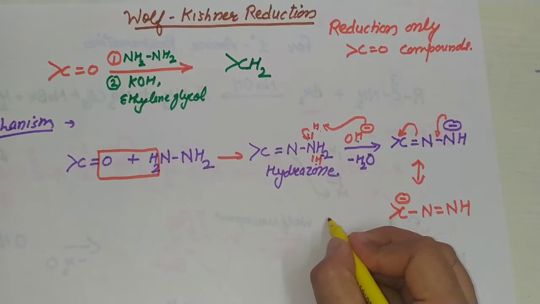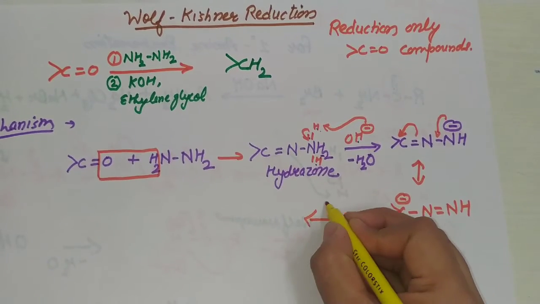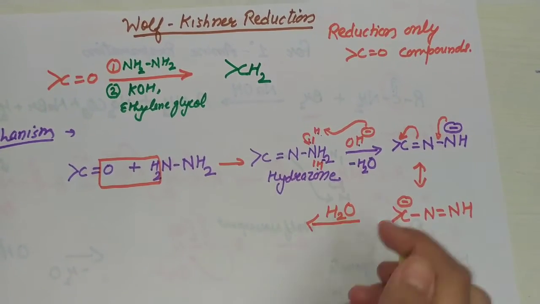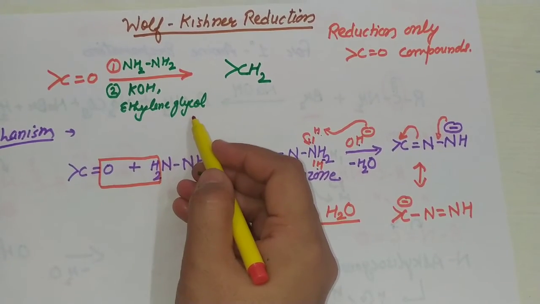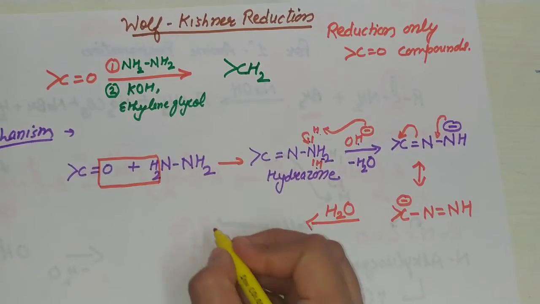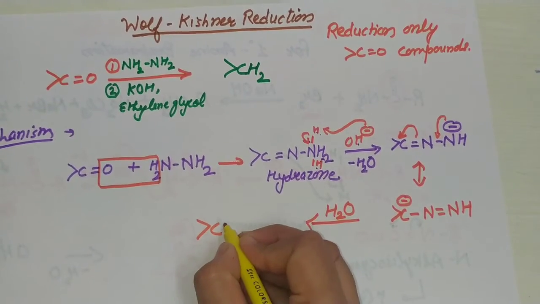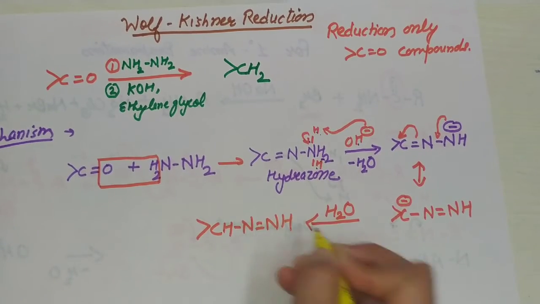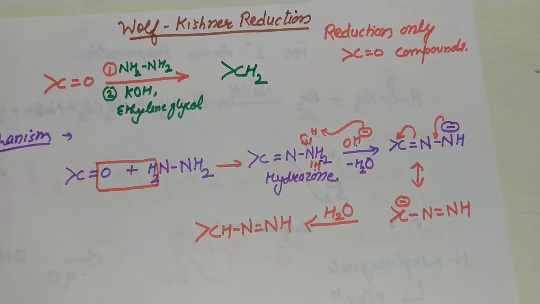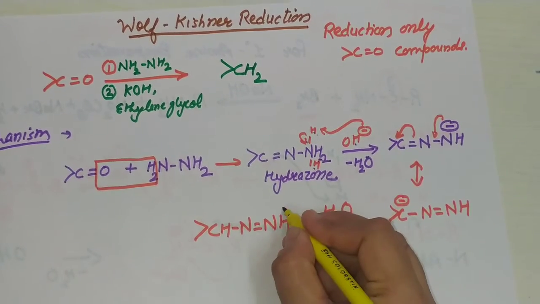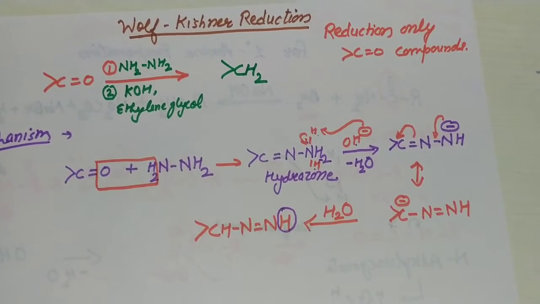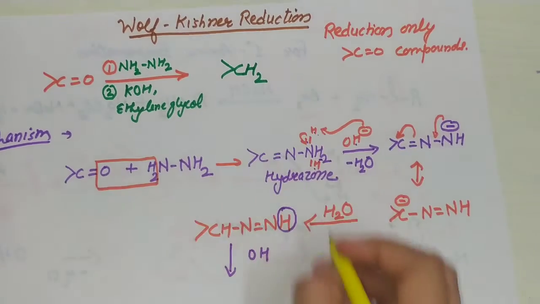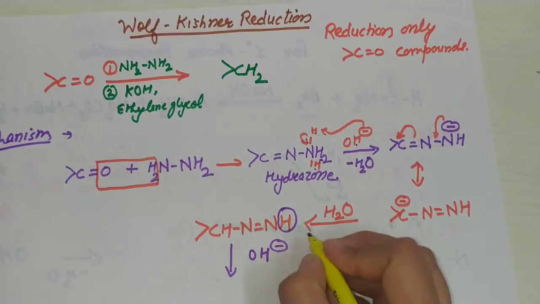So the formation is C with a negative charge, single bond N, double bond NH. This negative charge further abstracts a proton from water, as I have taken ethylene glycol as a solvent, and the product is CHN double bond NH. Further, this hydrogen is also an acidic hydrogen, so it reacts further with the base, potassium hydroxide.